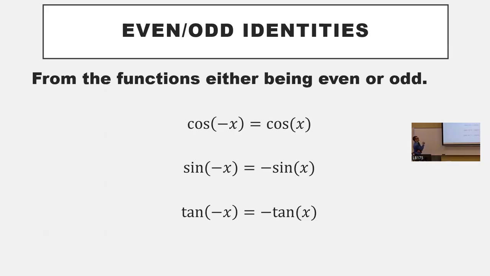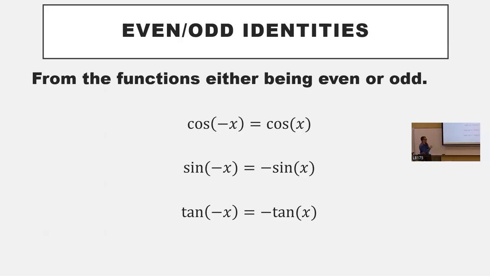Even oddness of cosine, sine, and tangent, we saw that in section 6.1, cosine is even.